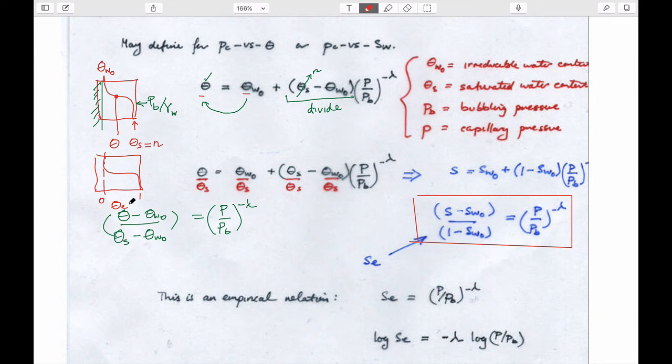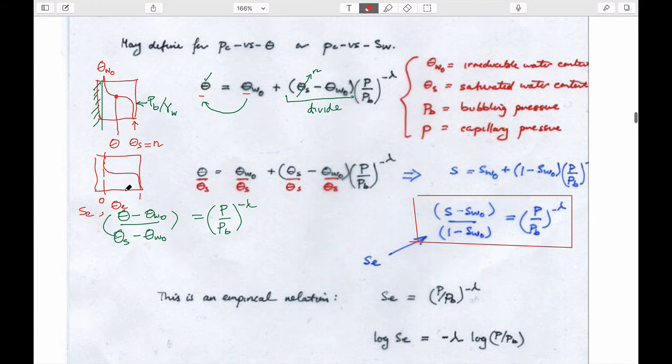If it was also equal to the effective saturation, it would be exactly the same scaling. And so this is just a relative magnitude of the distance between the irreducible saturation of water to where it's 100% saturated. And so it's that component.